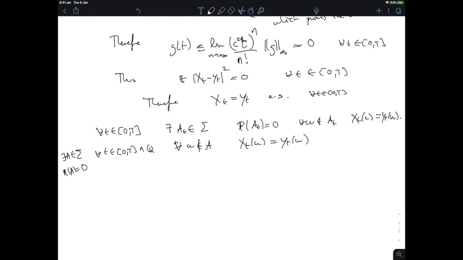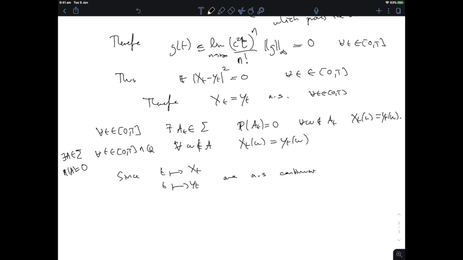Now, that is to say that outside of A, x t of omega is y t of omega for all rational values of t, but in the meantime, x t and y t are continuous processes. That is to say, they are almost surely continuous.